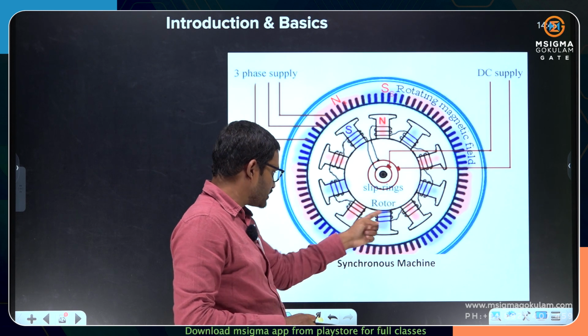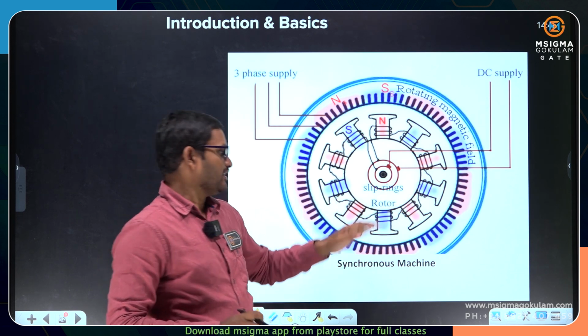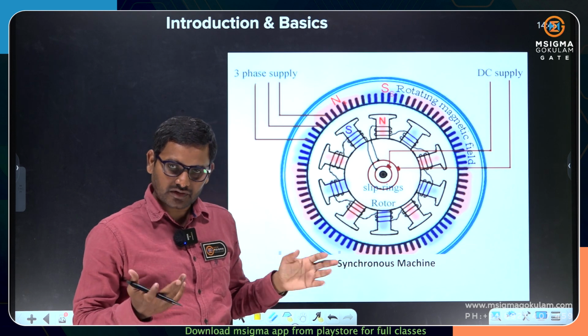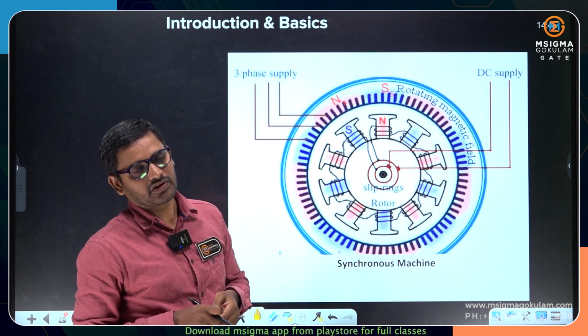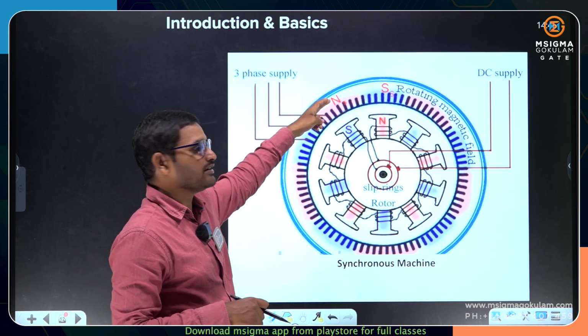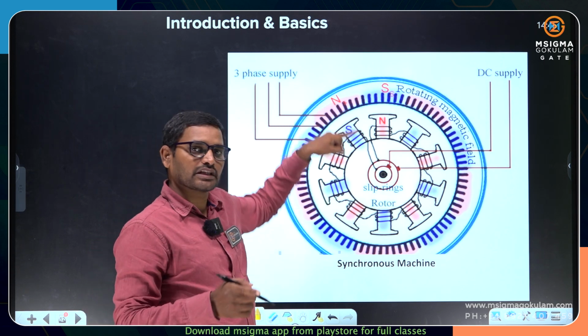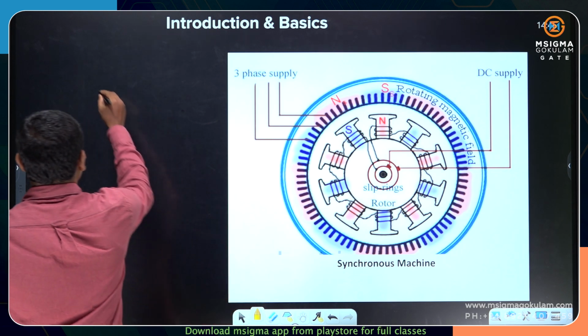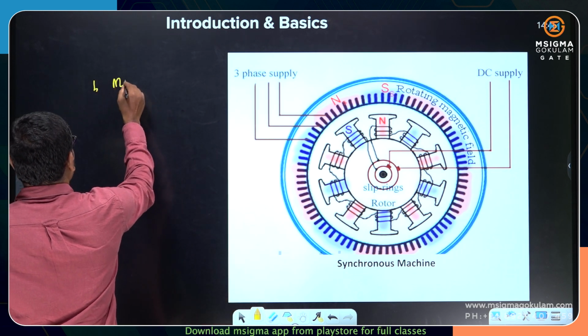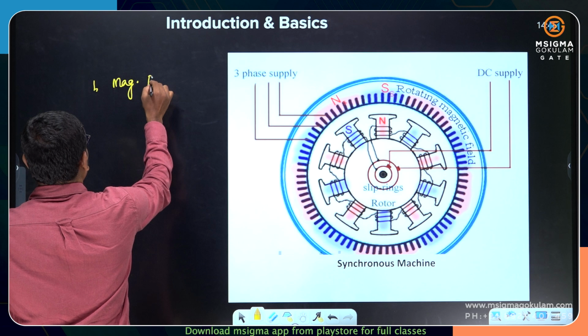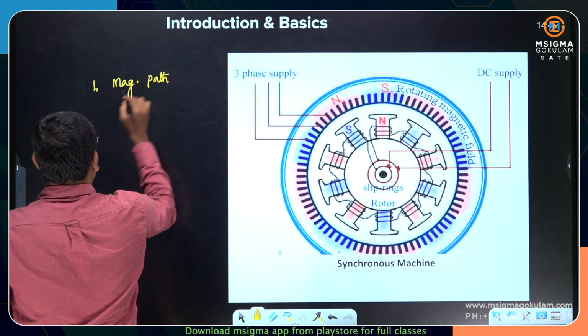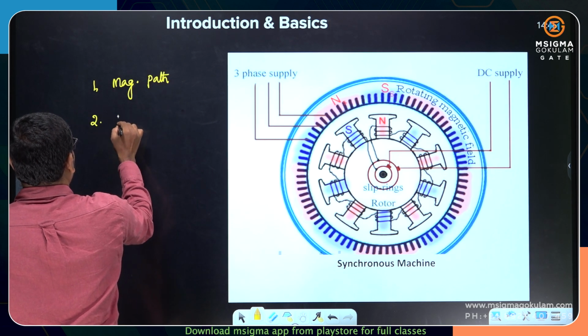On the poles we have winding. Even the rotor surface or rotor core is also a magnetic path. Stator magnetic path, rotor magnetic path. On the stator also you have winding, on the rotor also you have winding. So again I am listing out here the major parts I can see are magnetic path and windings.